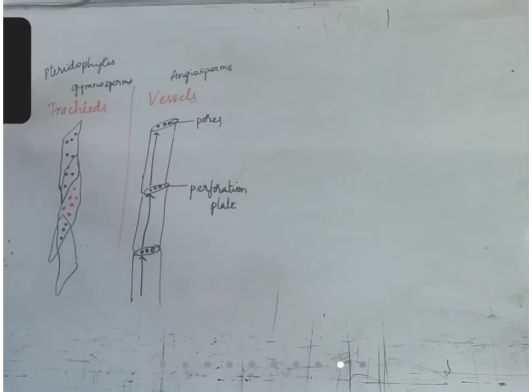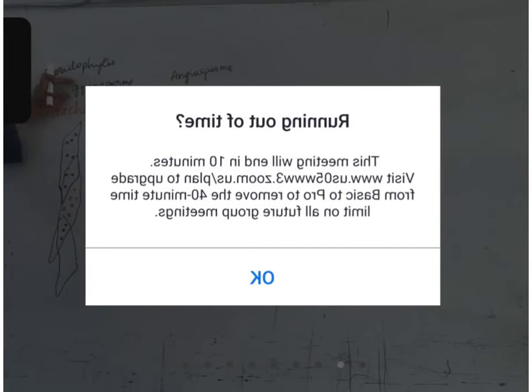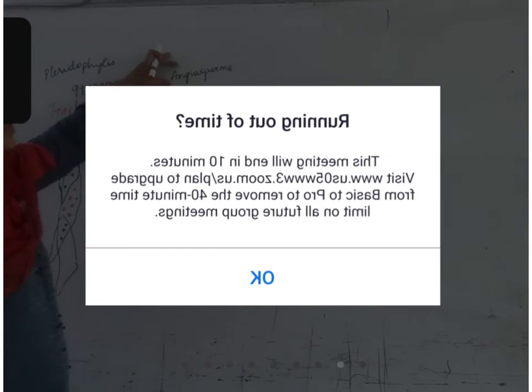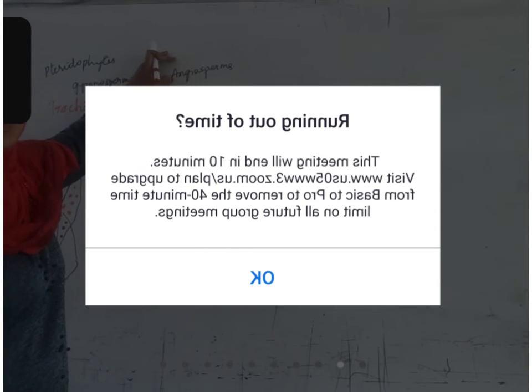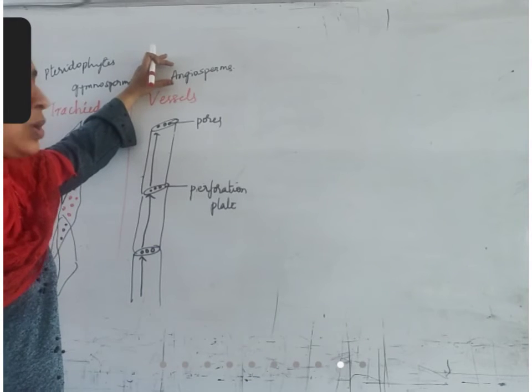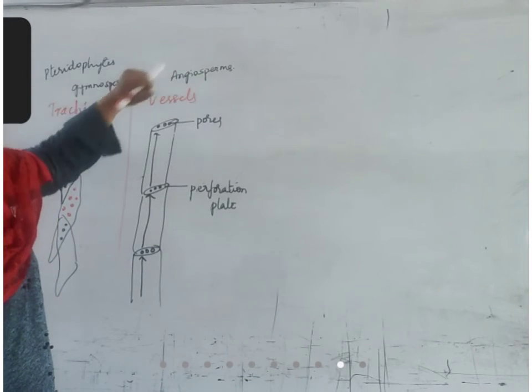Pteridophytes are those plants which have vascular bundle for the first time. Plants which are formed before pteridophytes do not have vascular bundles. During evolution, the first plant to have vascular bundle is pteridophyte. In this, there is no flower formation. Gymnosperms are those plants which have flower formation but seeds are naked. Angiosperms are those flowering plants which have flower formation also and their seeds are present inside the fruits.